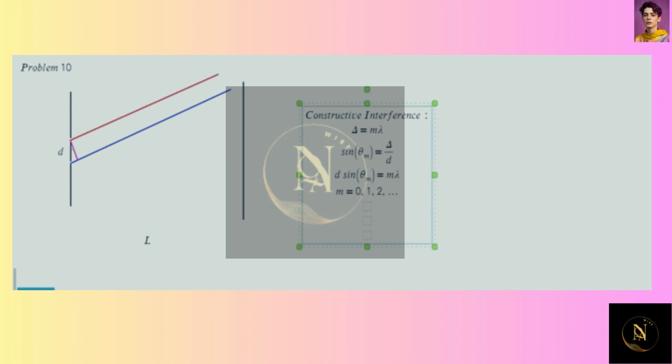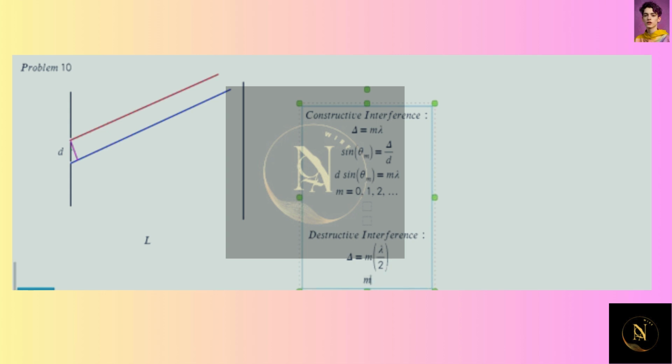For destructive interference, notice that the geometry is going to be the same here. However, for destructive interference, delta is going to change. For destructive interference, delta is going to be equal to an odd integer multiple of half wavelengths.